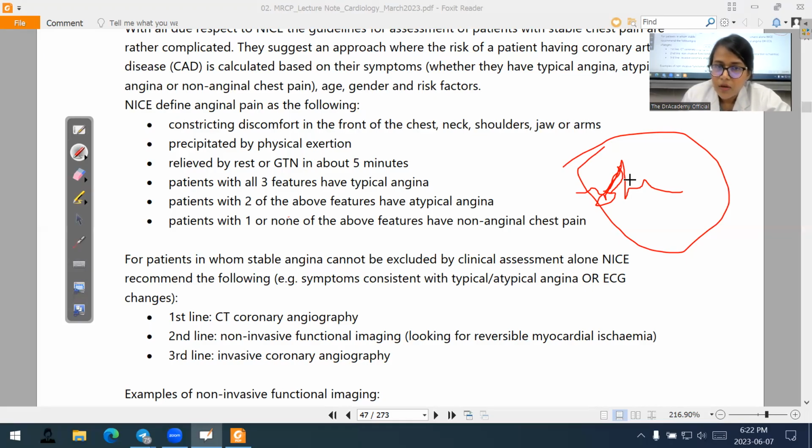Doxycycline. Maybe. Well, no, doxycycline is not the answer. What is the other answer? Could you please repeat the options, ma'am? Yes, of course. Methotrexate, sertraline, grapefruit juice, carbamazepine, doxycycline.